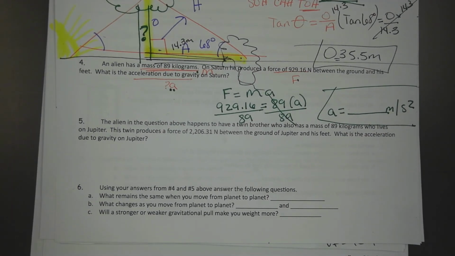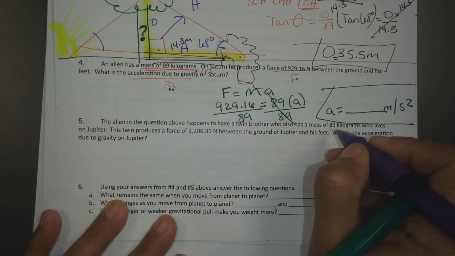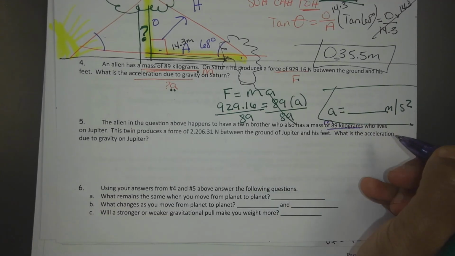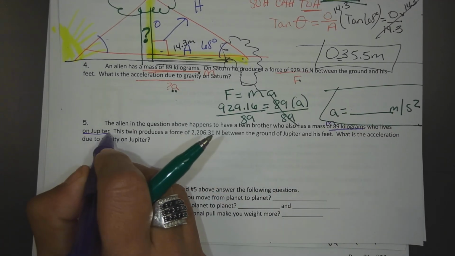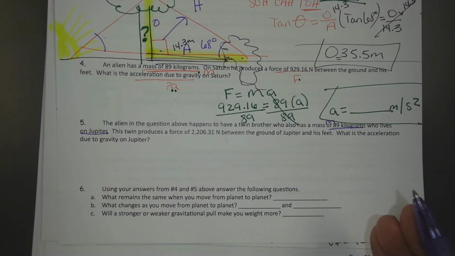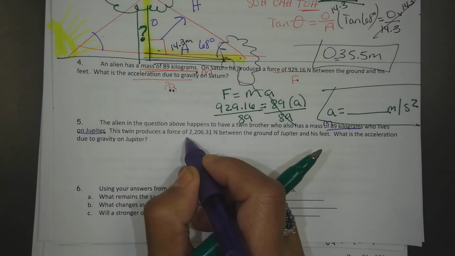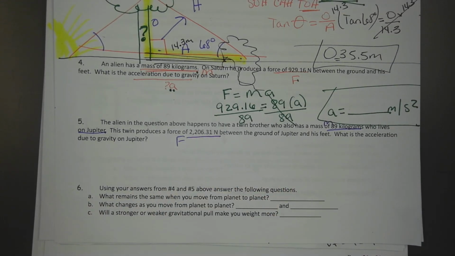But I'm going to take a glance at the next question. It says this alien happens to have a twin brother who has the exact same mass, but he lives on Jupiter. Jupiter is a whole different planet, so it's not going to be 9.81. It's going to be a different number. His force happens to be 2,206.31 newtons between the ground and his feet.